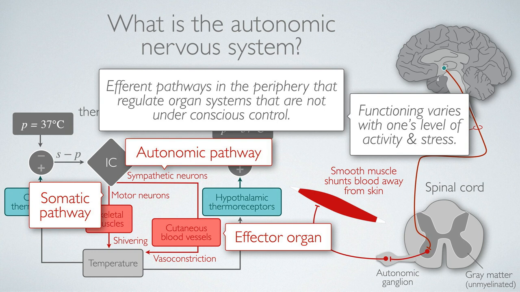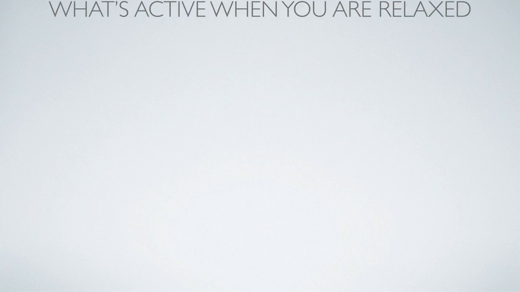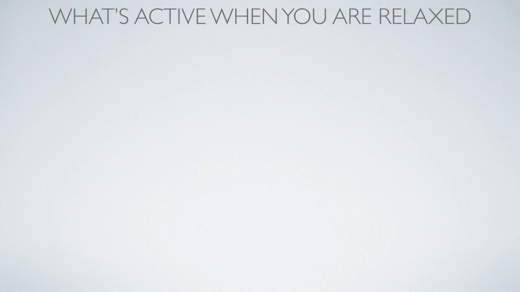Let's first consider what happens when you're relaxed. Okay, when you're just sitting there, maybe listening to a not too exciting lecture, there are a variety of bodily functions that are more active in that situation than when you're moving around or stressed out.